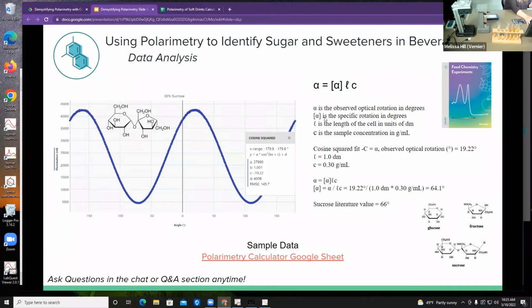Again, the specific rotation is a known, it's something you get from literature. It's specific to a molecule. Sugar solutions in particular are very well researched, and they have literature values that are very well known, just like extinction coefficients. We look at a lot of sugar samples with polarimeters. But we need to also account for the concentration and the path length. I went ahead and made the path length 1 decimeter, so I can make that math easy for myself. But the concentration is not 100%. It is not a 1 gram per milliliter solution.